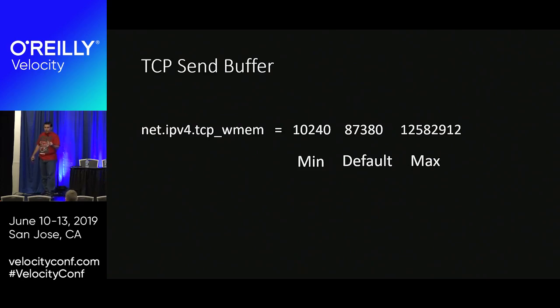What those control is, if an application explicitly specifies a send buffer, it will need to fit between the min and the max range. If a browser doesn't specify a send buffer, it will get the default as the initial send buffer. And then most Linux stacks these days will auto-tune the send buffer and grow it up until the max as needed. It usually won't shrink it, but it'll start at the default and grow it as the connection can absorb more and more data.